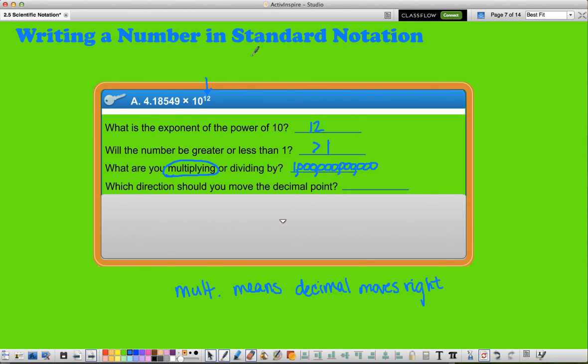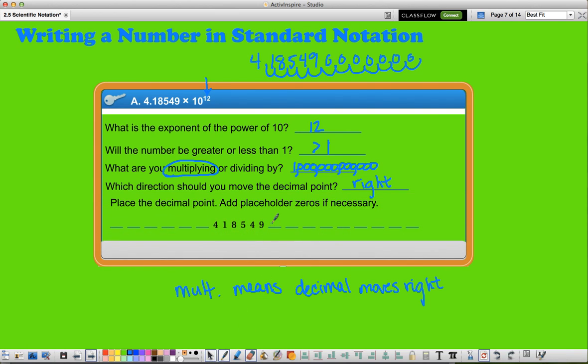So I'm actually going to write this again up on top. So 1, 2, 3, 4, 5, 6, 7, 8, 9, 10, 11, 12. So I move my decimal point to the right, and I know I have to move it 12 spaces.